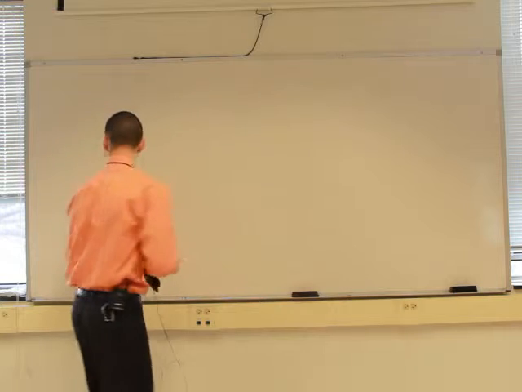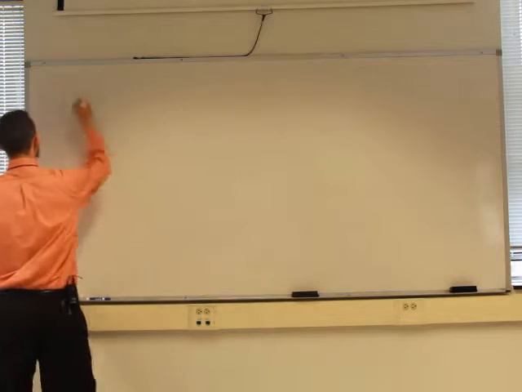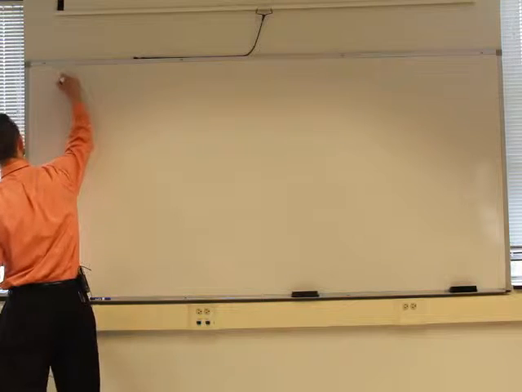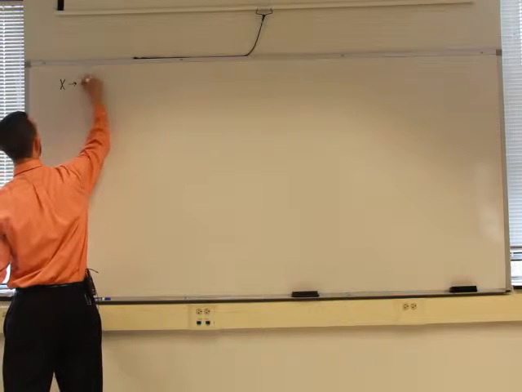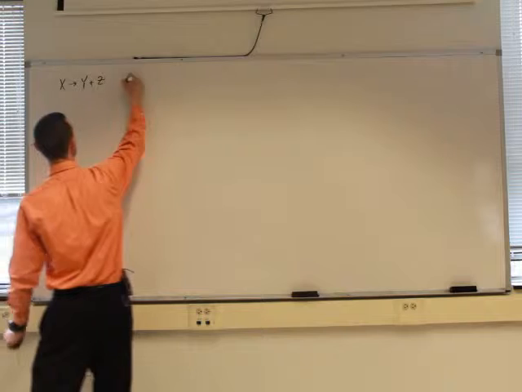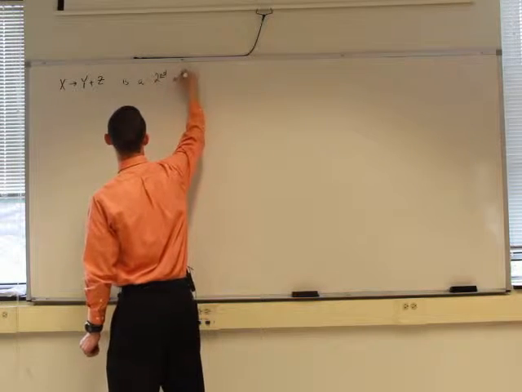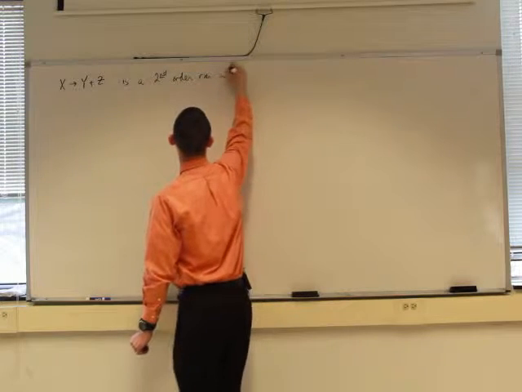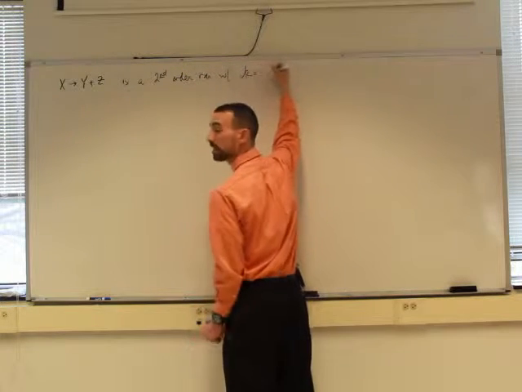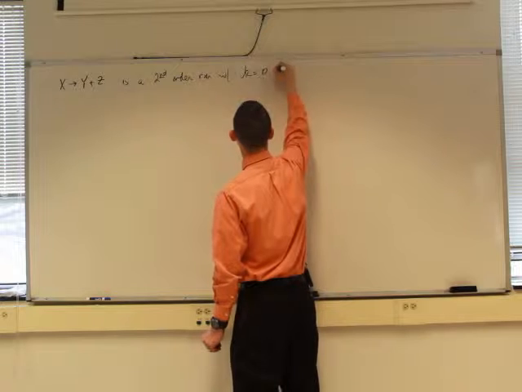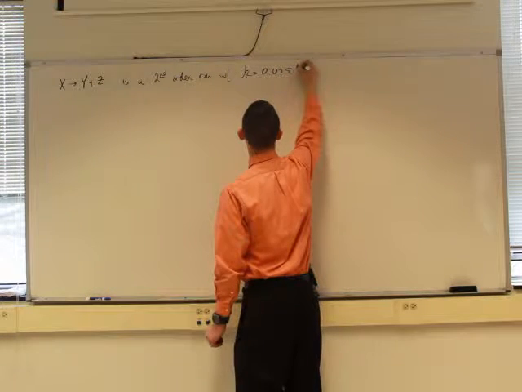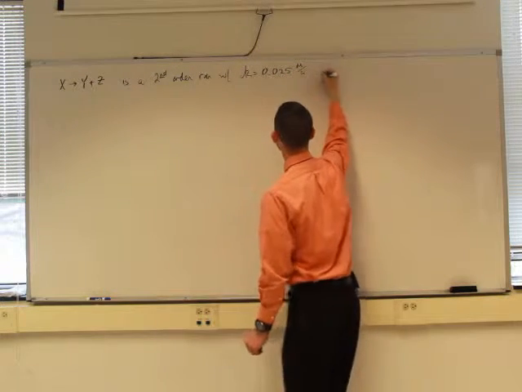Okay? So, all right. Let me set up a couple of examples for how we might use these integrated rate laws. Okay. I'm just going to use a generic reaction. Let's say x to y plus z is a second order reaction with k equal to 0.025 molar per second.